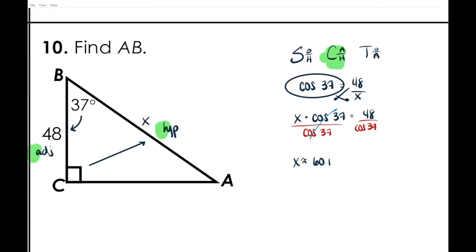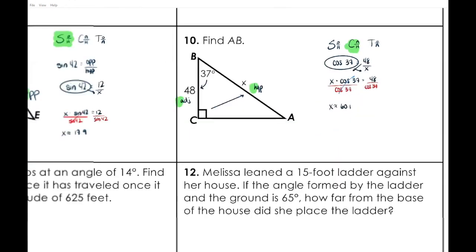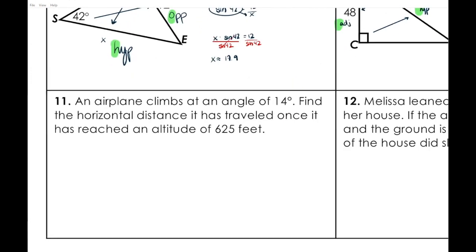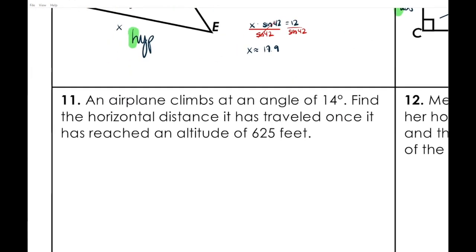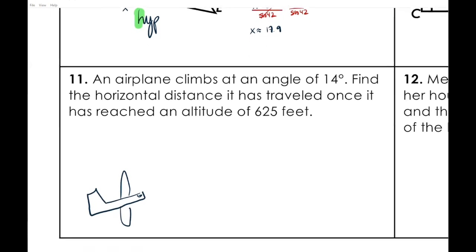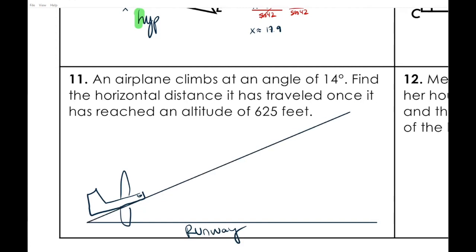Now, of course, we can use application problems with this. We're going to do one of these. Okay. An airplane. Everybody's been on an airplane. So we got our little airplane down here, just chilling. Don't make fun of my terrible artwork. That's a pretty good airplane. Okay. If this is the runway, this is the ground. It's going to climb at an angle. So from the ground to the sky, it's going to climb at an angle of 14 degrees.